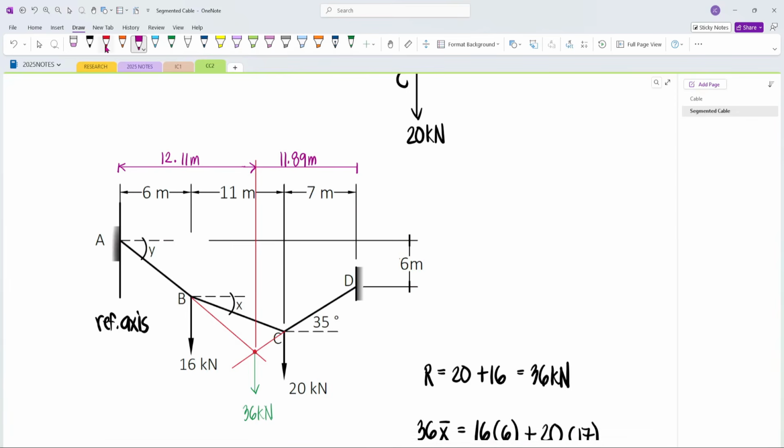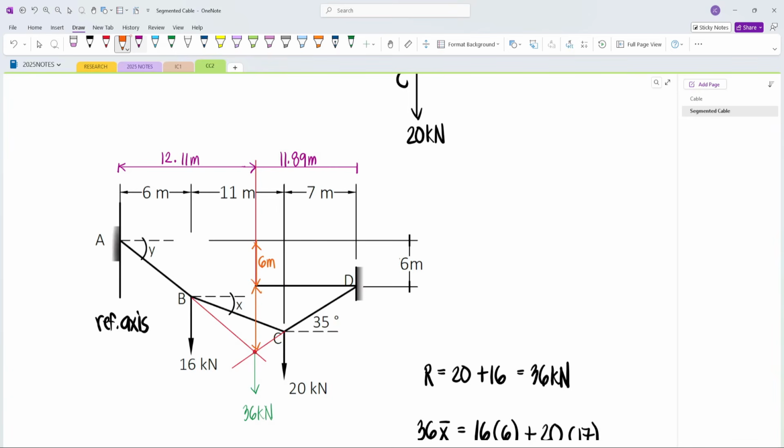So, if we project a horizontal line from point D, ayan, then we know that this distance is equal to 6 meters din. Ayan, 6 meters. So, yung isosolve natin is this distance to be able to determine the value of angle y.